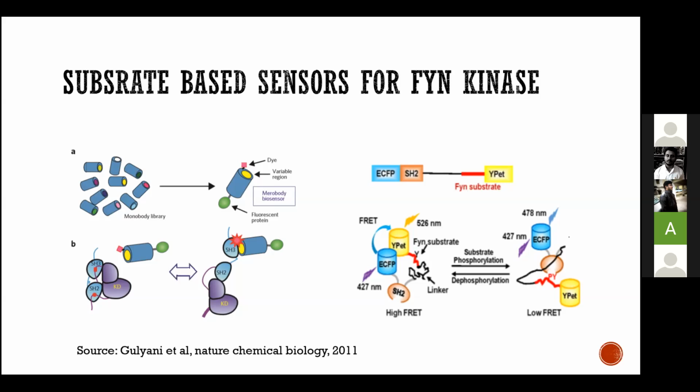It's happening because YPET is far apart from ECFP to interact with it, way more than 60 angstrom. The basic need for FRET to happen is that both fluorescent proteins stay within 60 angstrom distance. So you can just see the emission at 478 nanometer in this case. These substrate-based biosensors pioneered the next few designs.